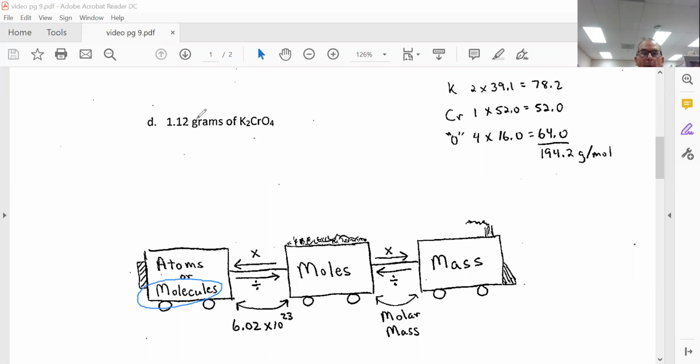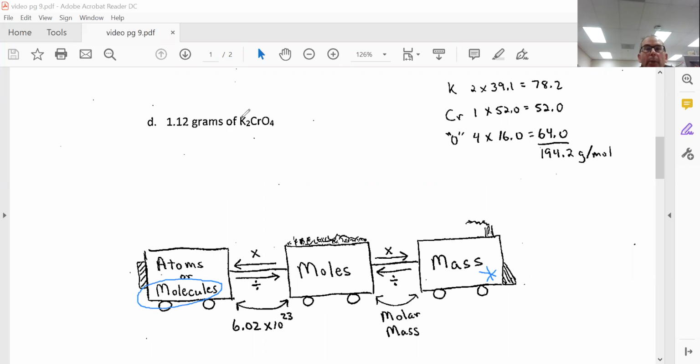And it looks like we're starting with grams, which isn't moles, which is a mass. So we've got to go from mass all the way to molecules. And the only way to get there is to go from mass to moles and then moles to molecules. So it's going to be a couple-step process that we're going to need to follow.